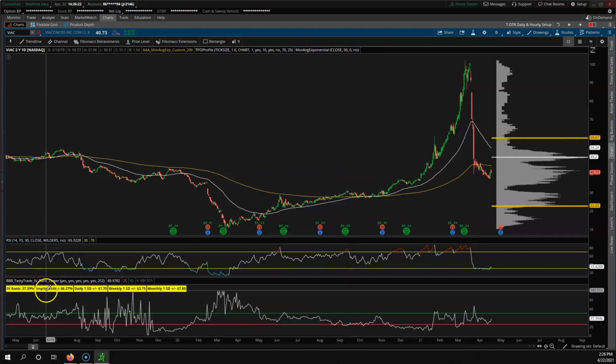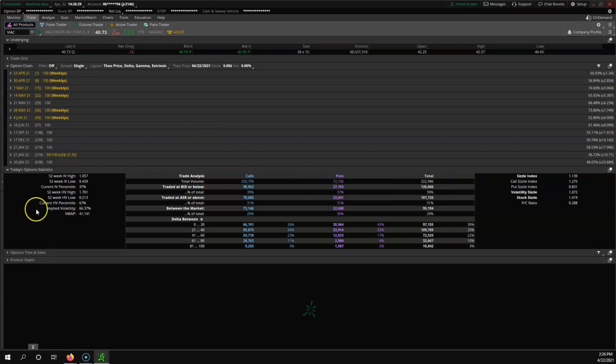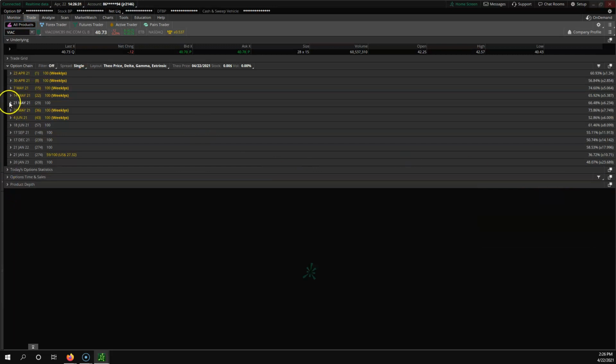So now, remember earlier in the IV video that we did, we were looking at the May, okay, and we had 66% implied volatility. Well, was that expensive? Was that cheap? Well, it's relative to itself, right?